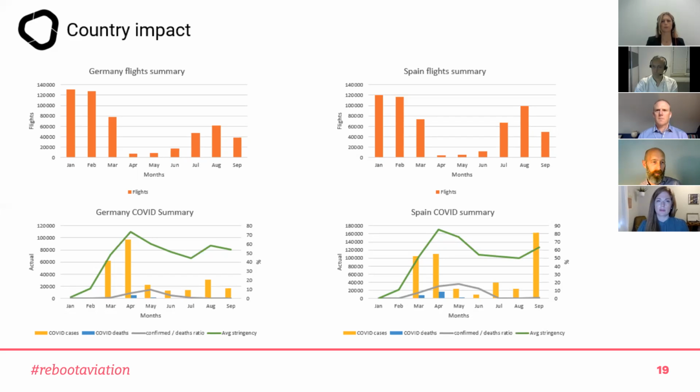Now, if this trend continues, where we see a lower mortality level than we were seeing earlier in this year, and I guess there's lots of different reasons why we might be better prepared now than we were back in March, then it's quite likely that the governments will see that as an opportunity to start to soften some of the constraints because of the economic impact it's having on the global economy, and we'll see confidence return. And we may see travellers returning as we approach Christmas of maybe 30 to 40% below last year, which is a hugely positive step if we look at where we are now.